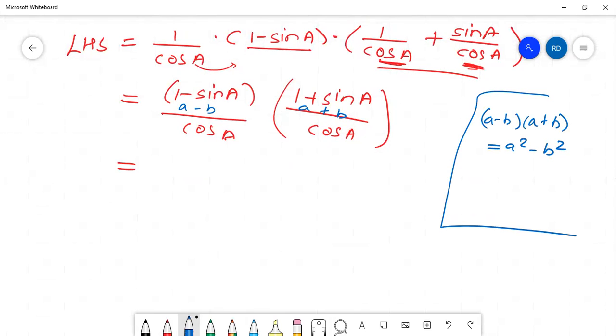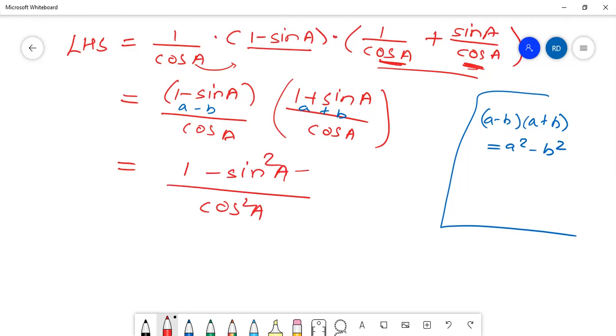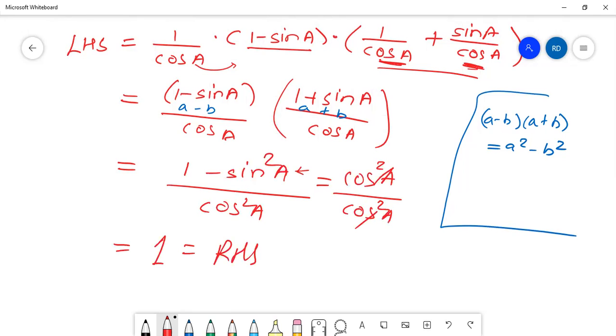So that will make this 1 square, that is 1 minus sin square A upon cos square A. Even if you don't remember how to convert this, you know the RHS is 1. So now I can convert my 1 minus sin square A as cos square A. Yeah, nice. Cos square A, both get cancelled, 1, which is your RHS. Simple enough.